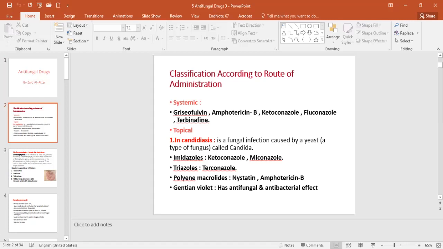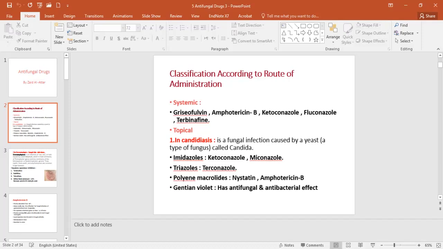Topical means usually on the skin or inside the GIT.